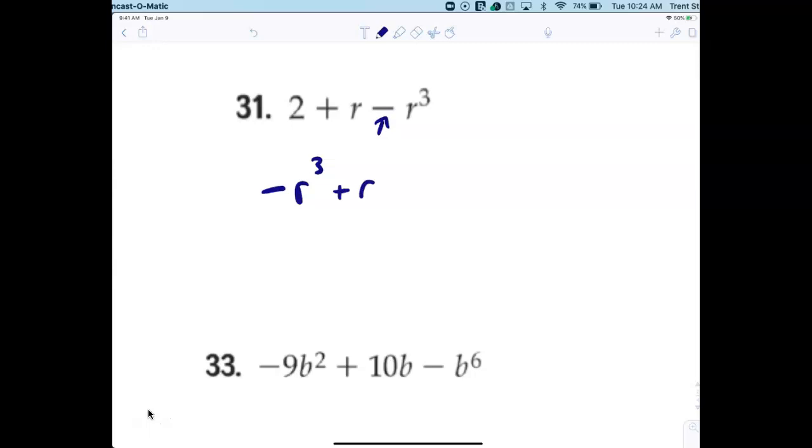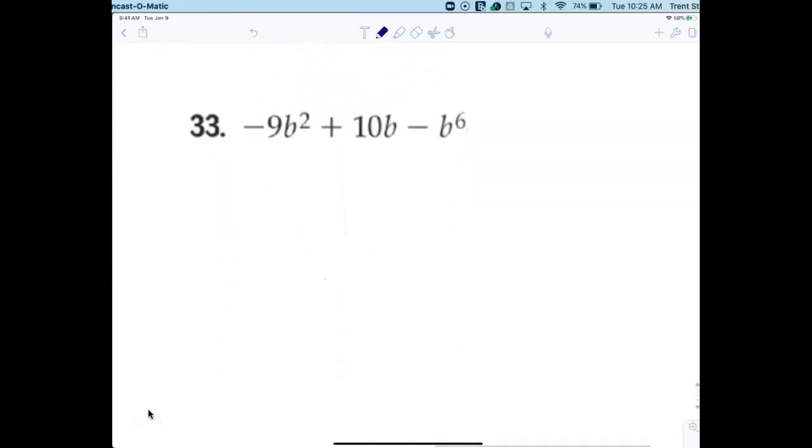Good job. And then plus 2. Beautiful. Negative r cubed plus r plus 2. Easy, easy, easy. Let's go. 33.